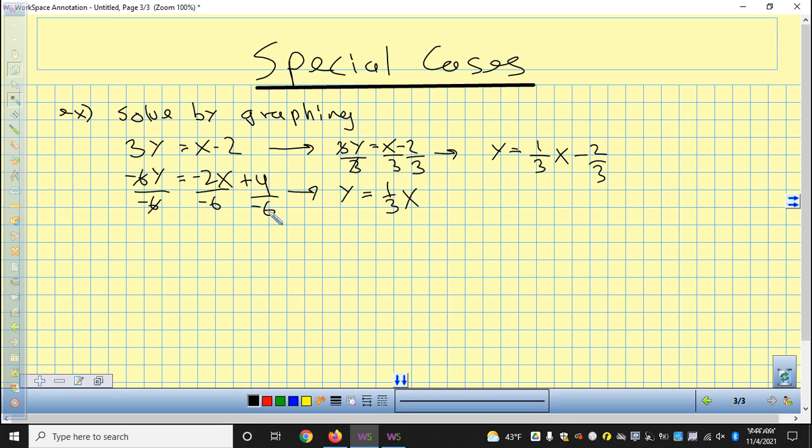And 4 over negative 6, I can reduce that fraction, divide everything by 2, and I get negative 2/3. Well, look at that. What's going on there? They're the same.